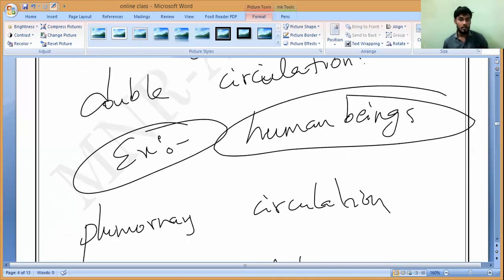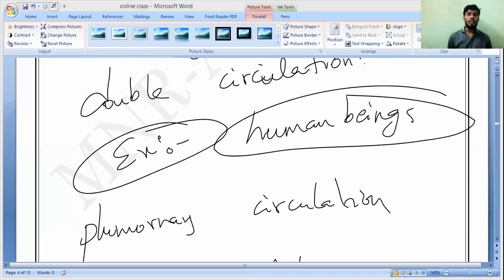Please write it. In the human circulatory system, the pathway of blood from the heart to the lungs and back to the heart is called pulmonary circulation. Anybody having doubt, ask me, please respond.